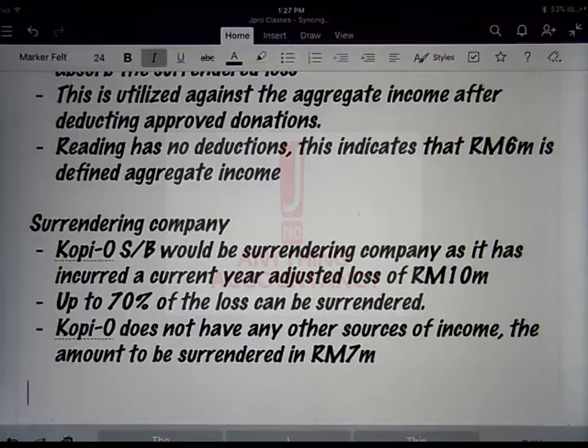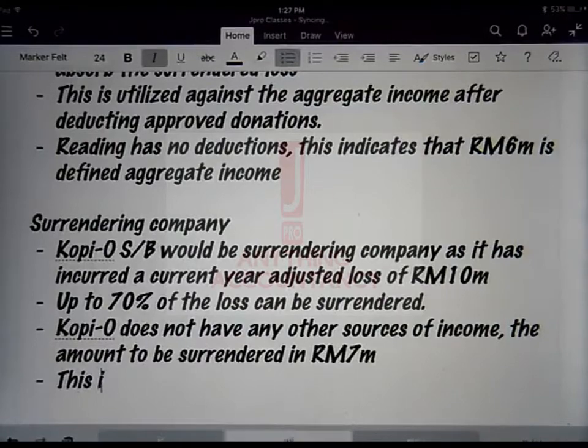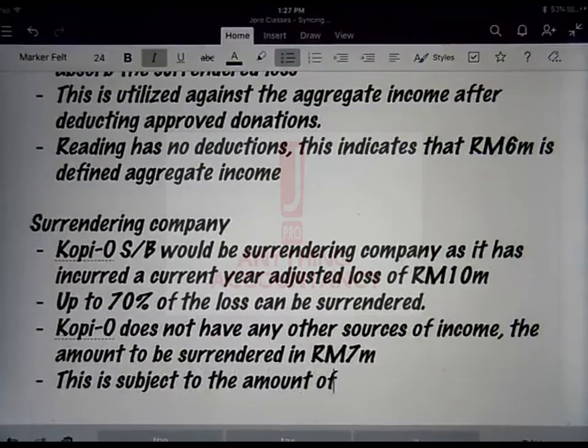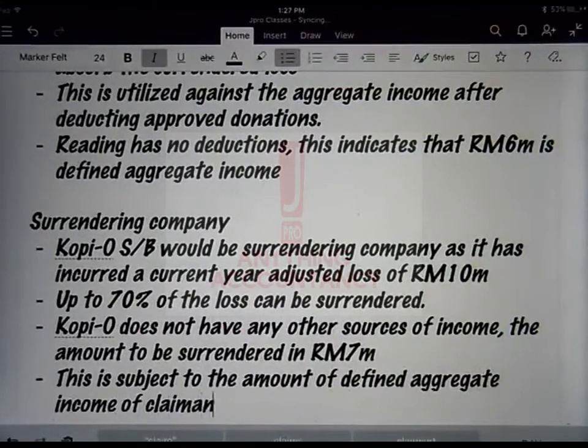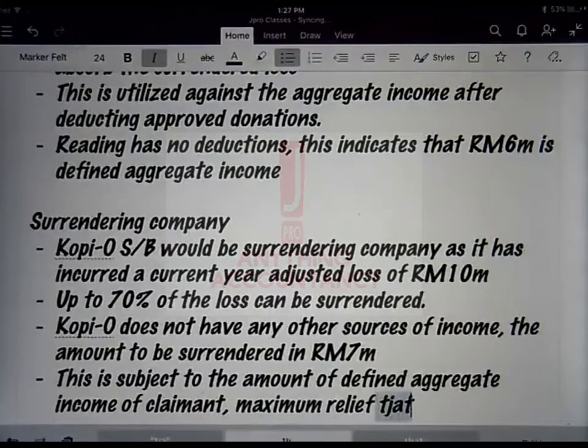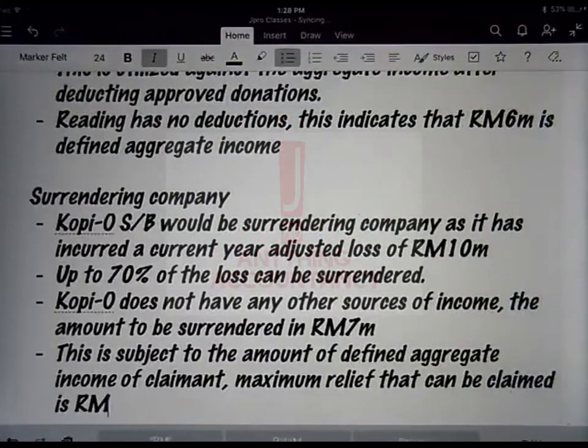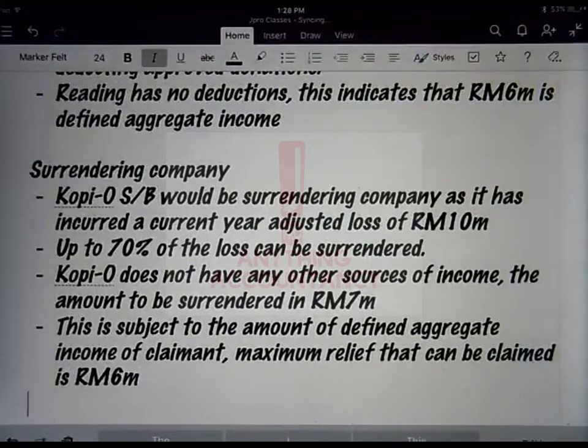Are we okay then? Follow? You can't surrender all 7 million because the other company can only use up to 6 million. Correct? That should be the discussion.